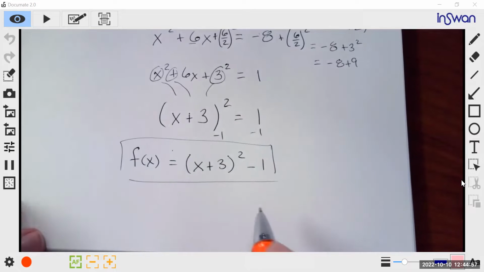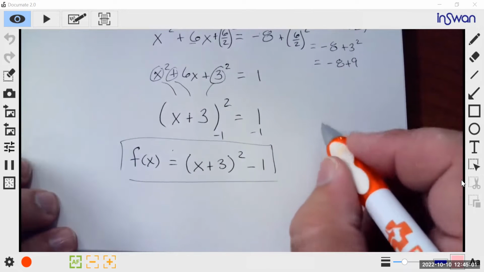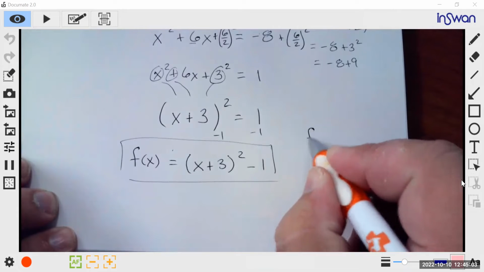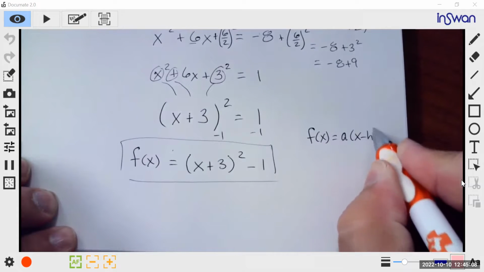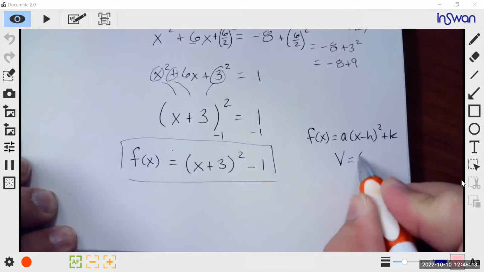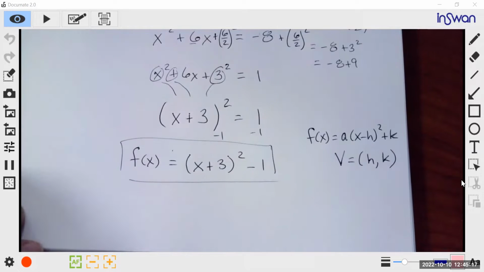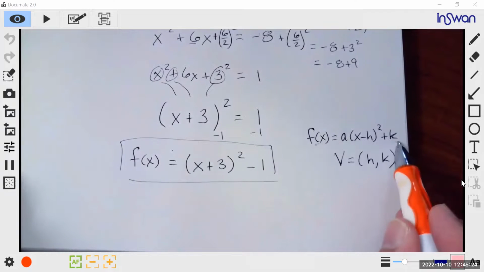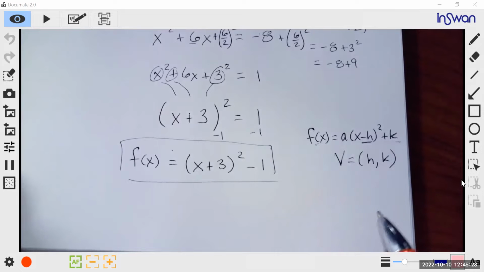Now, why is this important to us? Because if we're in this form, the vertex is the h and k. Remember, inside the parentheses, always the opposite sign.